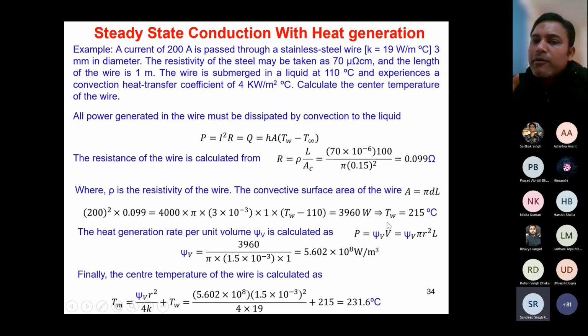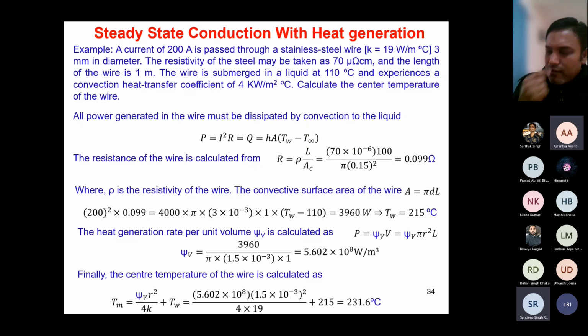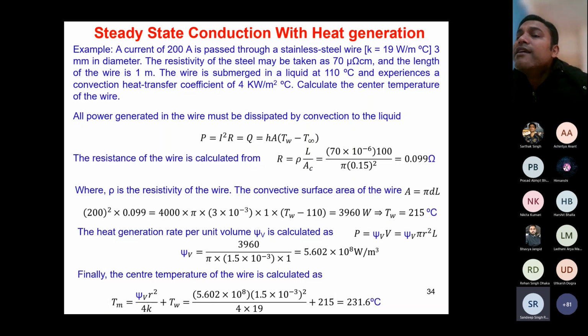Is it clear to everyone what we are doing? Sir, circumferential area means pi dL, how does it come? So remember the heat is transferred from the wire in a radial direction, isn't it? So that is what will be the circumferential area of the wire. It is pi dL. This area, this Ac, is nothing but the cross-sectional area of the wire.